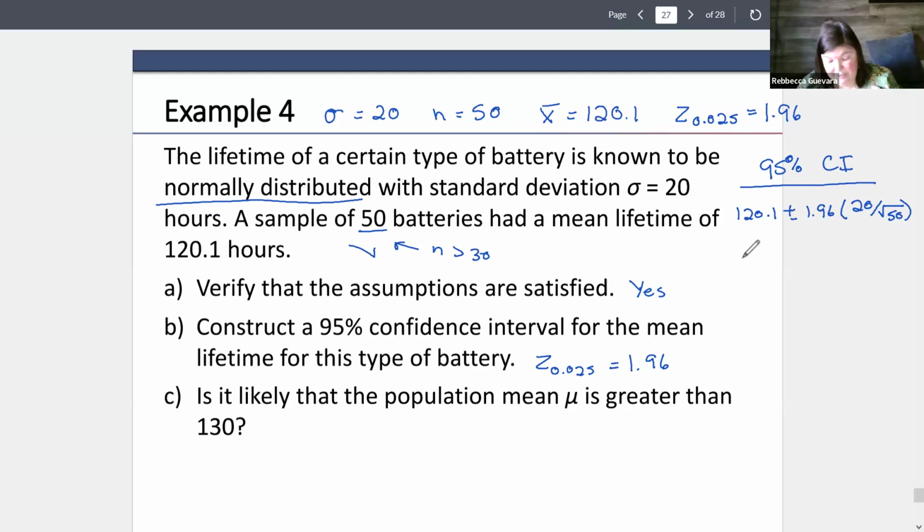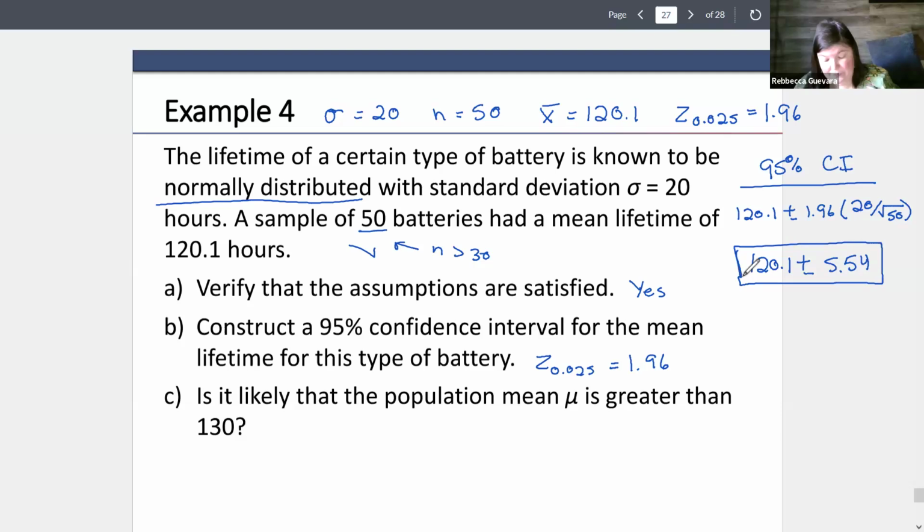So if I get that margin of error, 1.96 times 20 divided by the square root of 50, that means I'm going to have 120.1 plus or minus 5.54. We'll round to there. So that's my confidence interval.